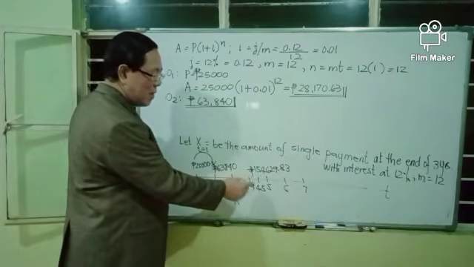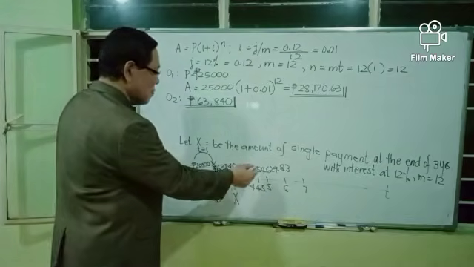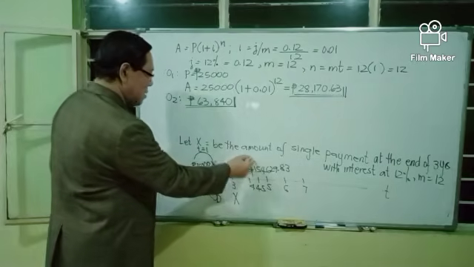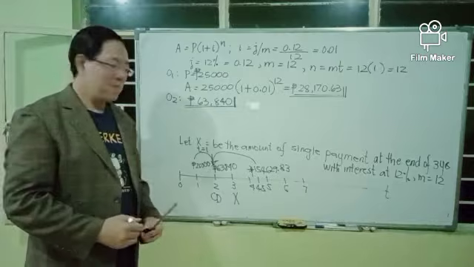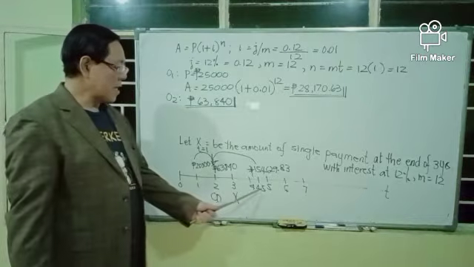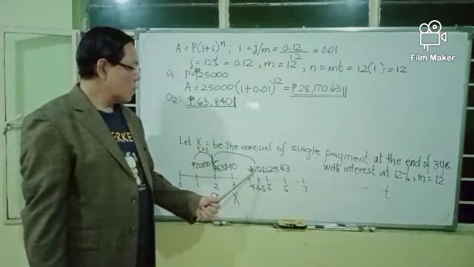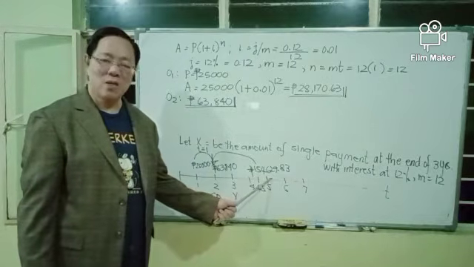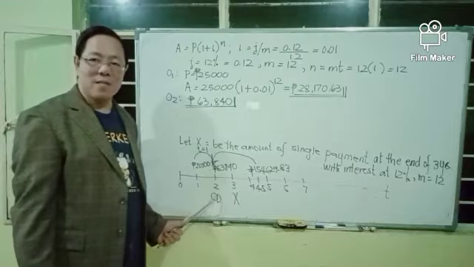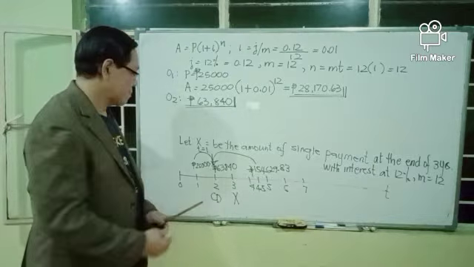Hence, from 4.5 years, we find its value. We are going back in time. We will find the value of 154,629.83 pesos at an earlier date, which is 2 years.